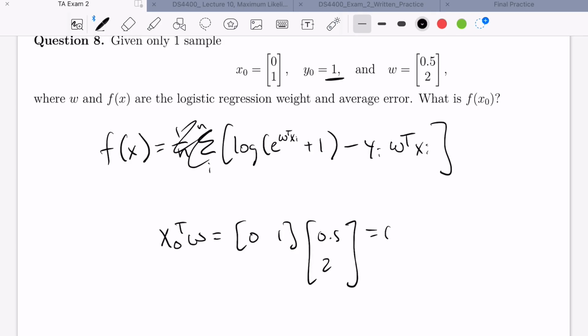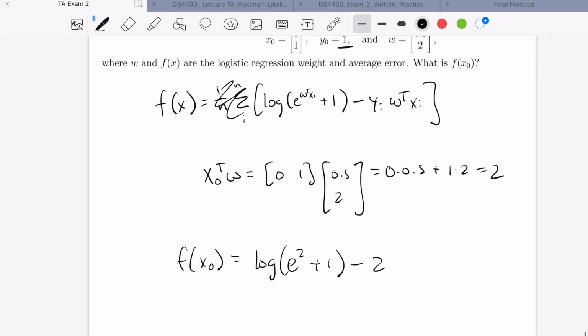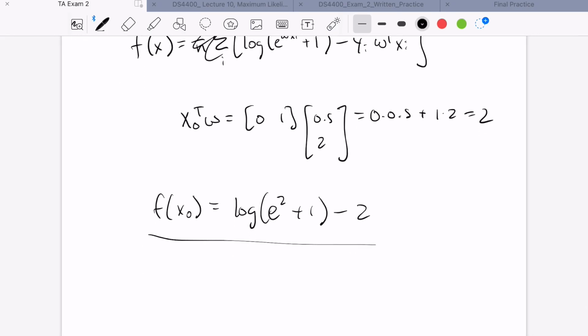And this out is 0 times 0.5 plus 1 times 2, which is equal to 2. So f of x0 is equal to the log of e to the 2 plus 1 minus 2, right? And that is our final answer.